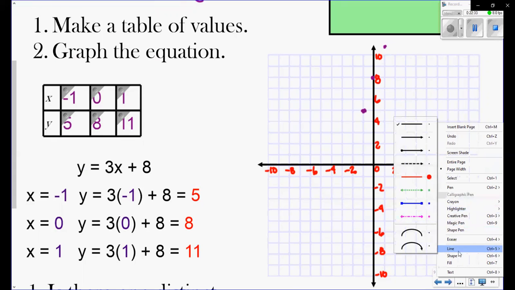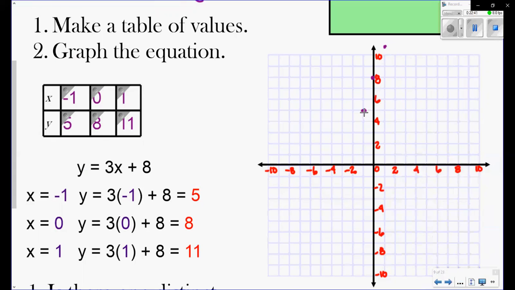In this case, you can connect them because they are related. There is some kind of connection between them. When you connect it, I have my line. My line would continuously go this way if you were to plot more points, but you know that would be a straight line.